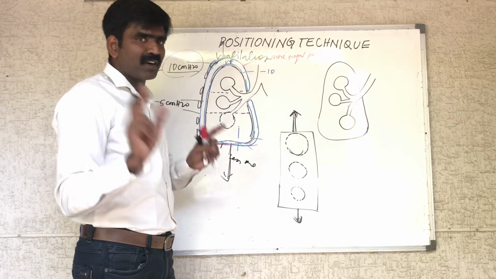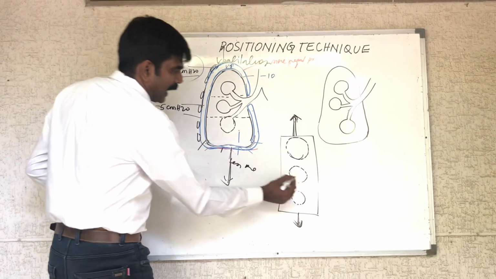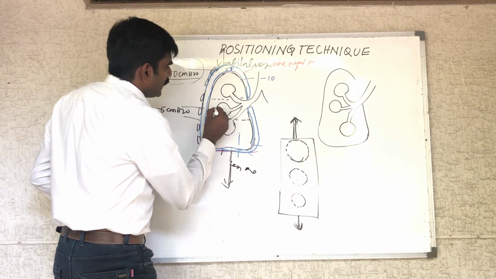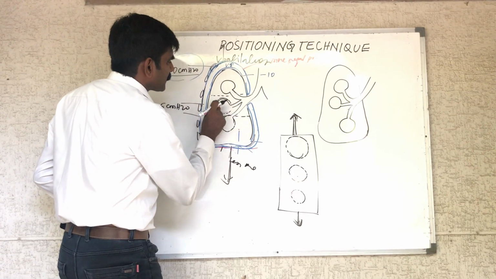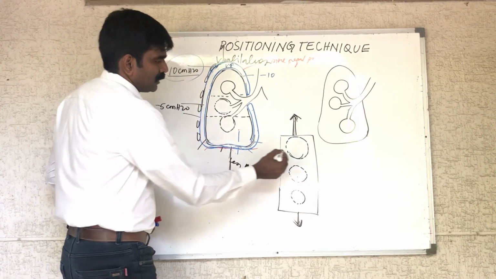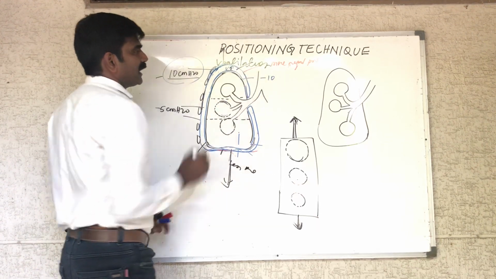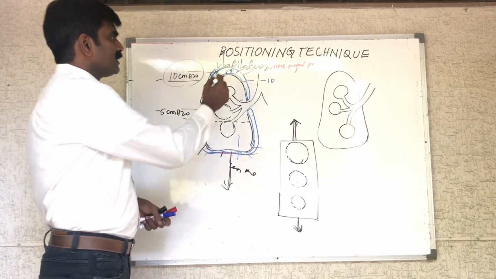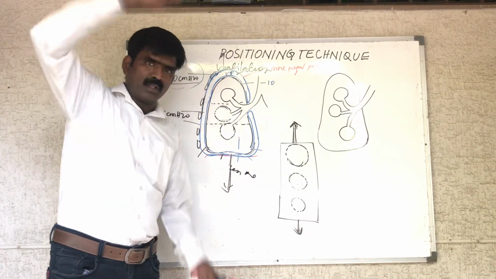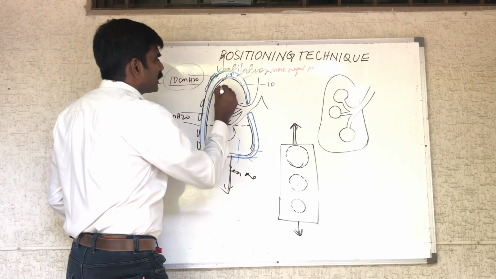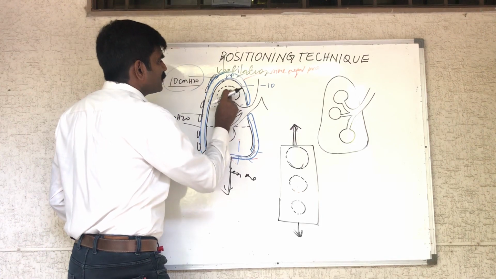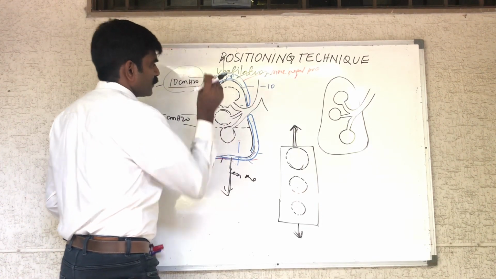In the middle zone, the alveoli will open a little larger. But here, because of more negative pressure, the lung is expanded more in the apical lobe. So this alveoli will become large. The size of the alveoli is large here.